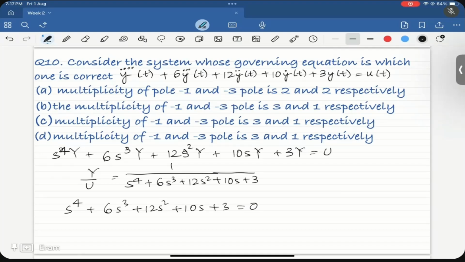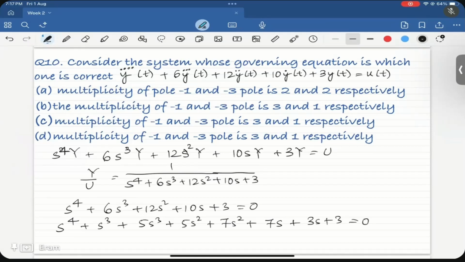So first, there exists a pole at -1. So we will factorize it like s to the power 4 plus s cube, and then 5s cube plus 5s square, plus 7s square and plus 7s plus 3s plus 3 equals 0.